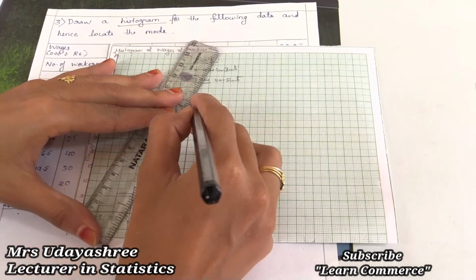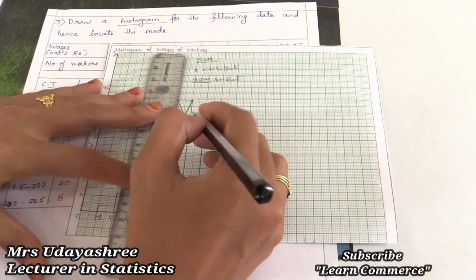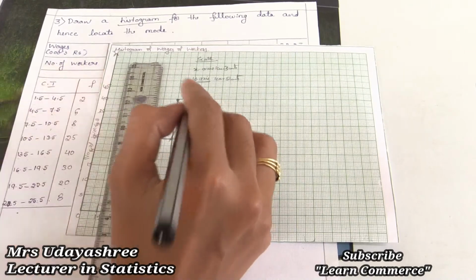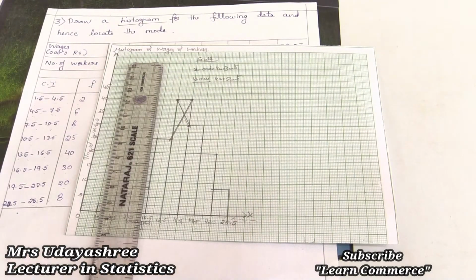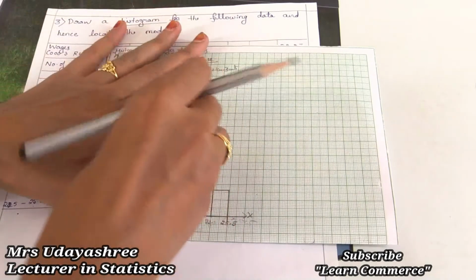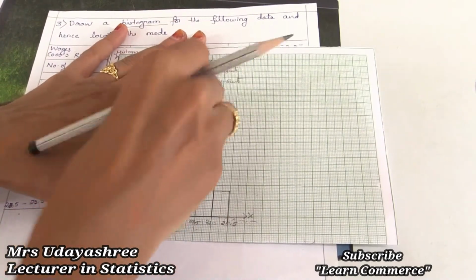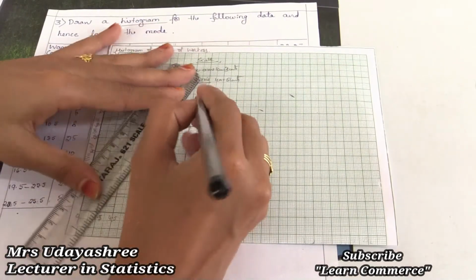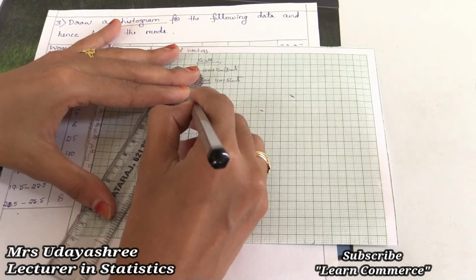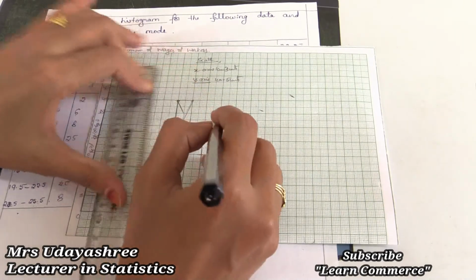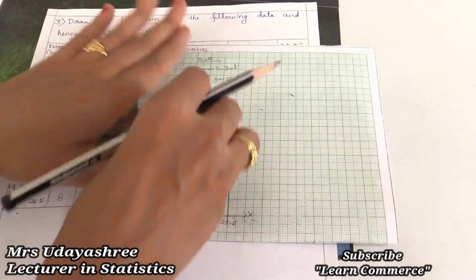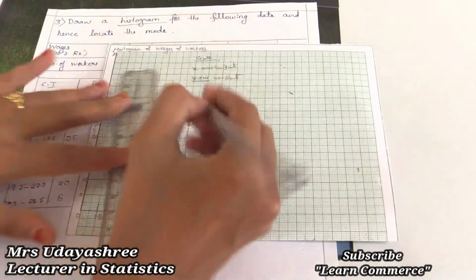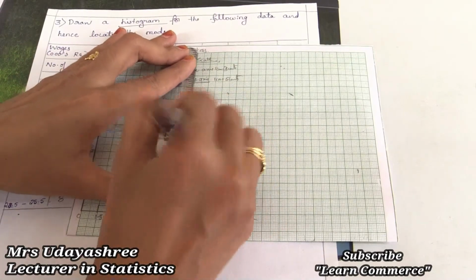After that, from this intersection we need to draw one line perpendicular to the x-axis.